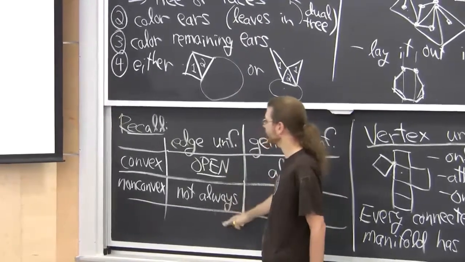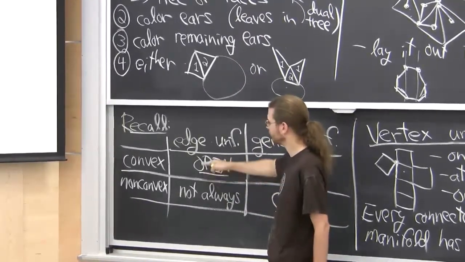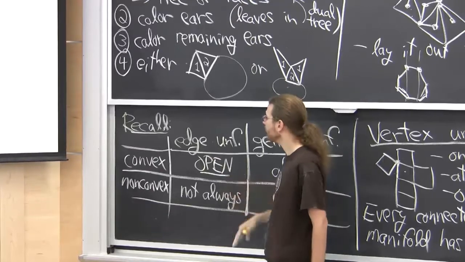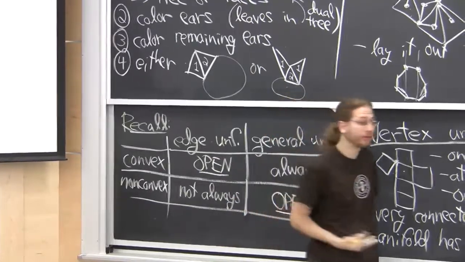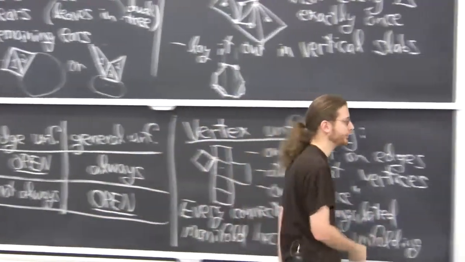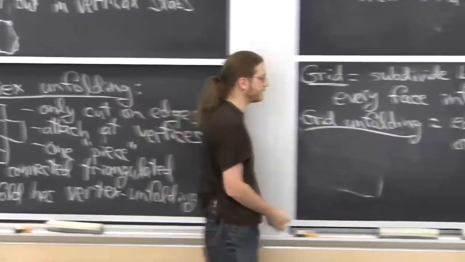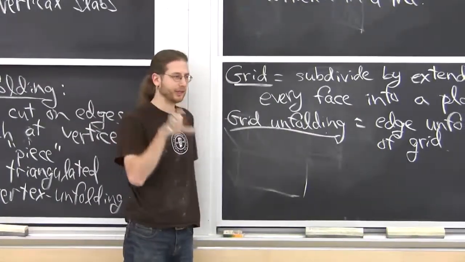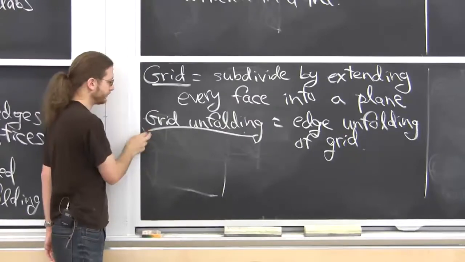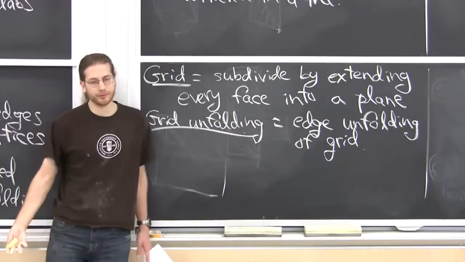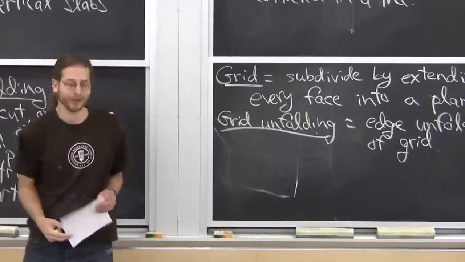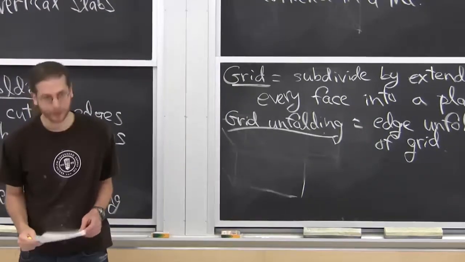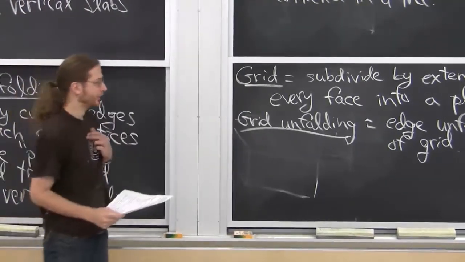If you want to go to orthogonal, just like in between convex and general non-convex, maybe you could hope for grid unfoldings. Edge unfoldings obviously don't work. We had lots of examples where those fail, like the cube with little bites taken out of the edges. But grid unfolding, you get lots of subdivision. It might be easy. Well, it's not easy. I would guess actually it's not possible.